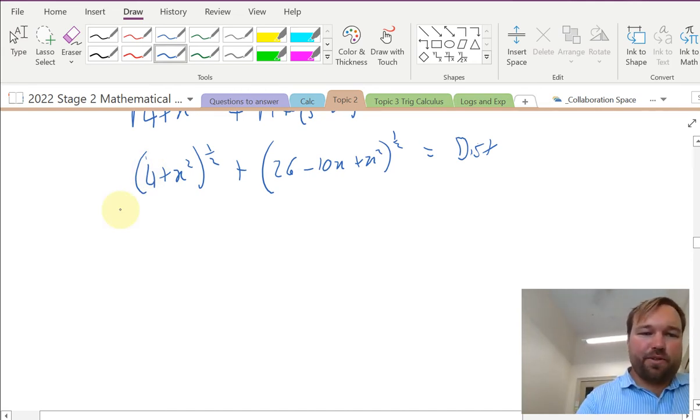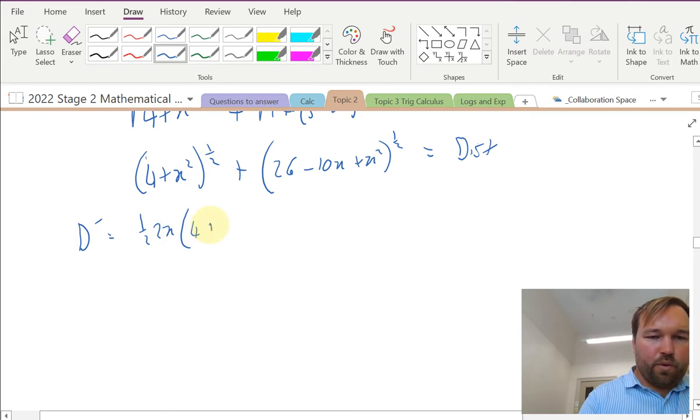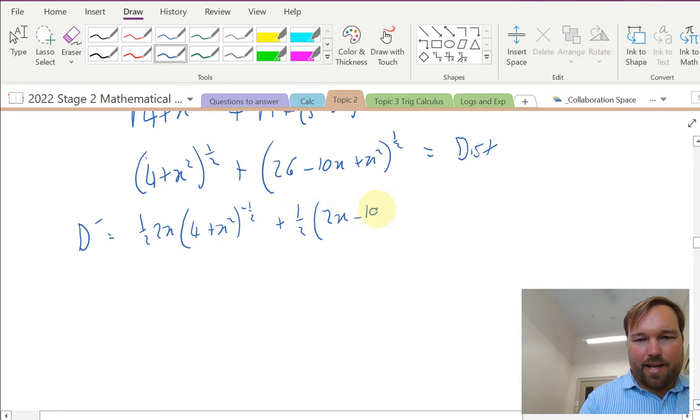So the differentiated version, or d dash, is a half. 2x comes out. 4 plus x squared to minus a half plus a half bracket. 2x take 10 comes out. 26 take 10x plus x squared to minus a half.